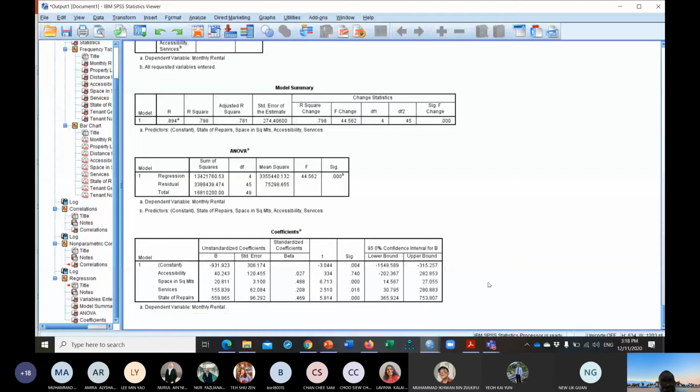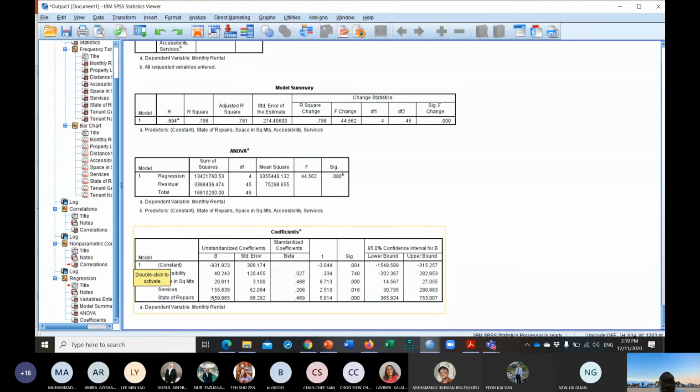Now, if we look at accessibility, the coefficient is 0.027. Then when we look at the space, the beta is 0.488. When we look at the services, the coefficient is 0.208.